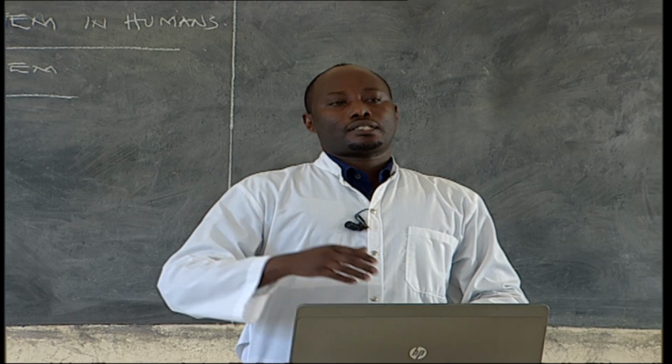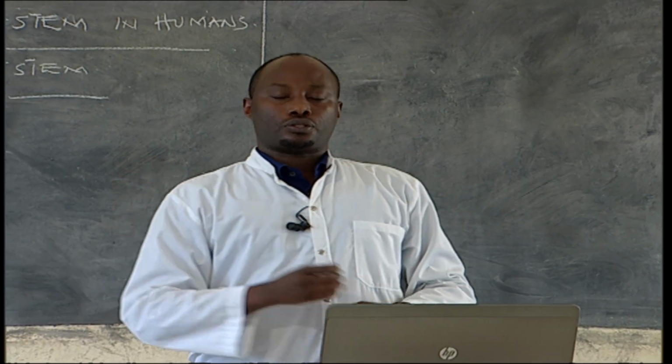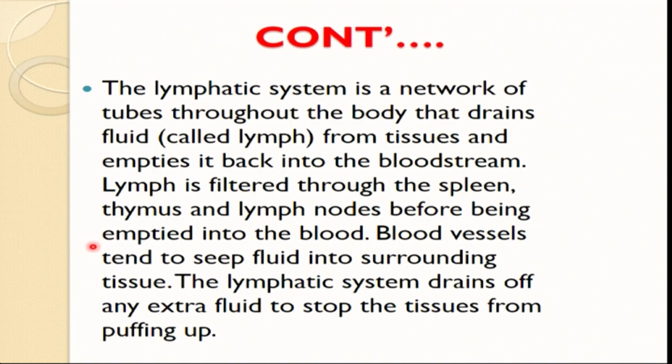I said the lymphatic system is a network of tubules throughout the body that drains fluid called lymph from tissue and empties it back into the heart. That one I mentioned earlier. Emptying it back is a drainage system. Some of you have seen a drainage system in swamp areas where water is drained back into the river.